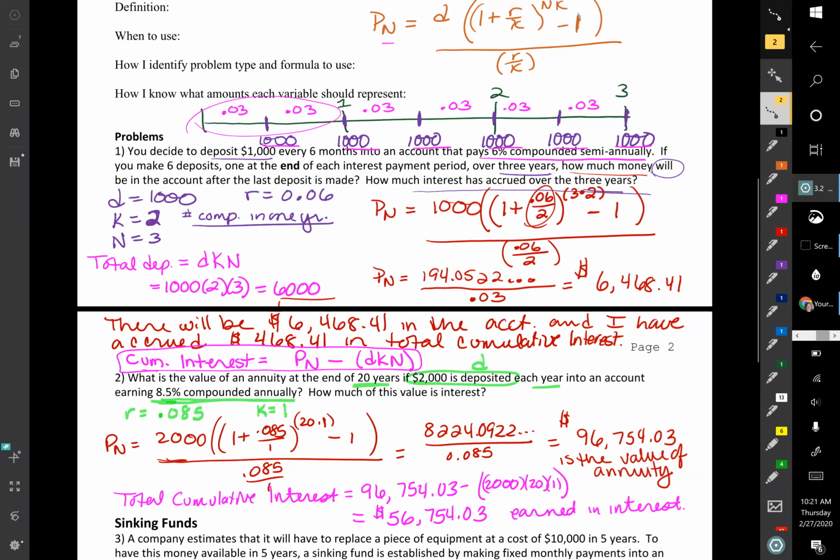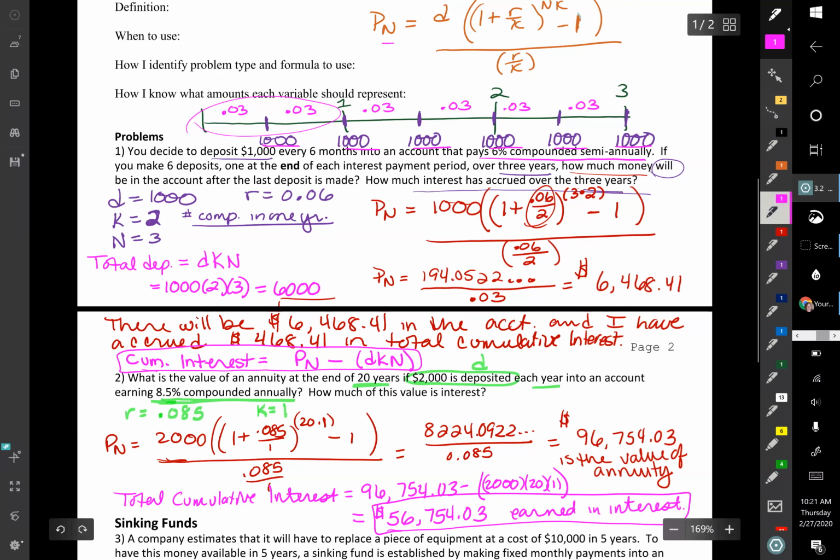That's a pretty great deal. So that's the answer for this problem 2. And then it has 2 parts though. So make sure you answer both parts clearly, or else you won't get the full points on a quiz. So you want to make sure you have all that down.